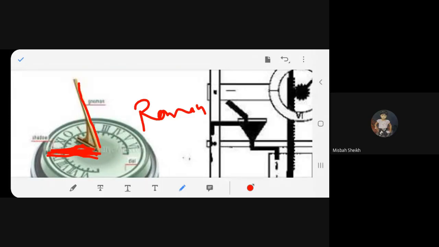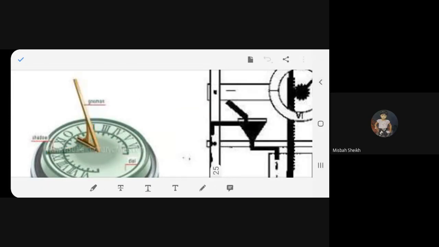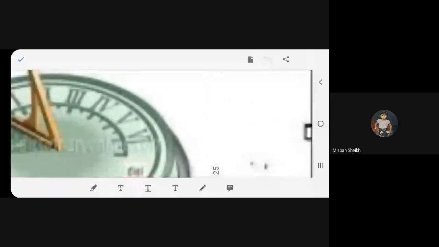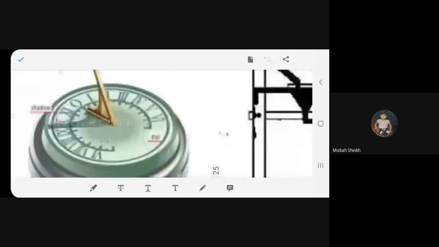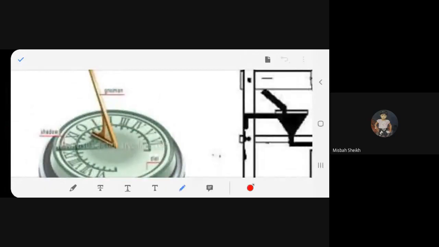See the numbers: third, fourth, five, six. These are all Roman. So the shadow which falls shows the time of that particular era.